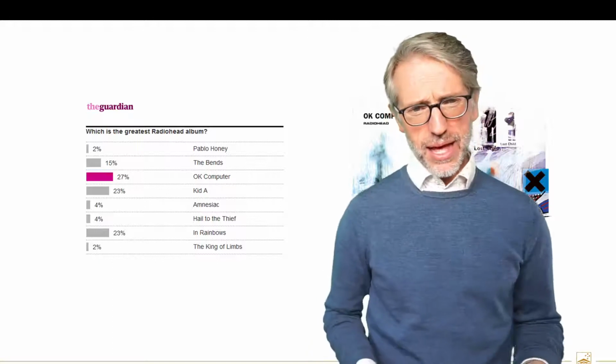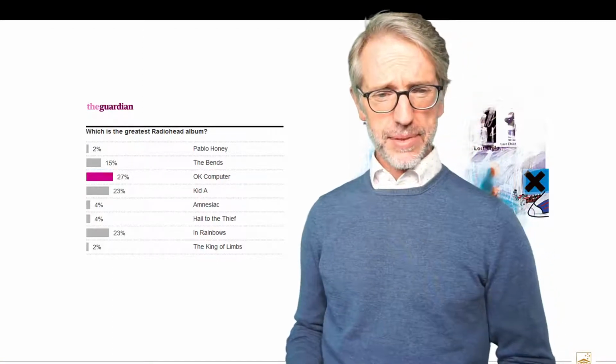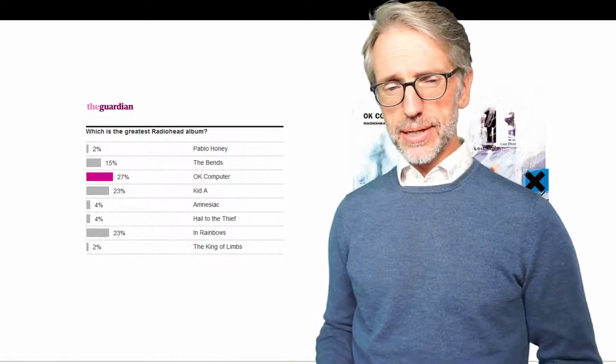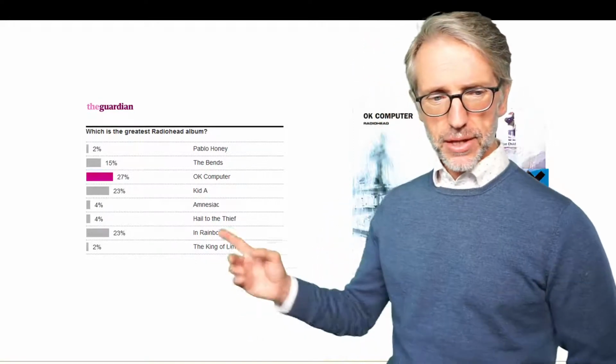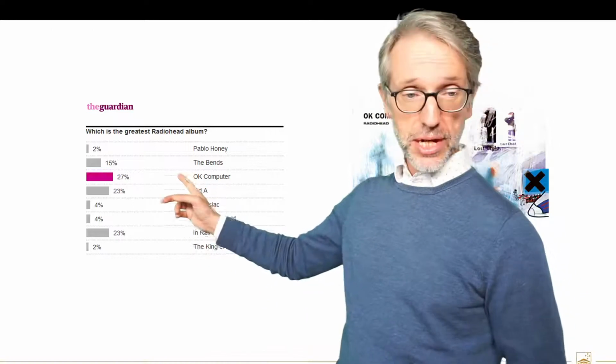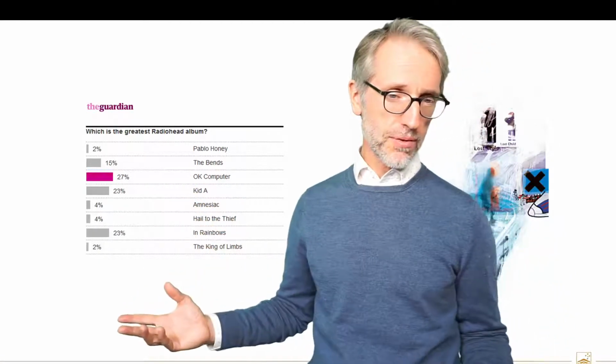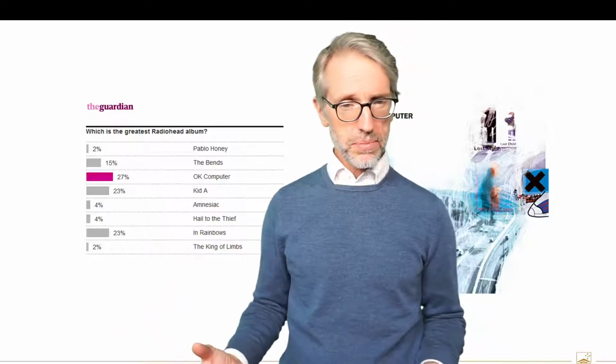Now, perhaps unsurprisingly, this album was selected more frequently than anything else. You can see the results presented just here. The album that's playing behind me, the opening track for it anyway, is for OK Computer.